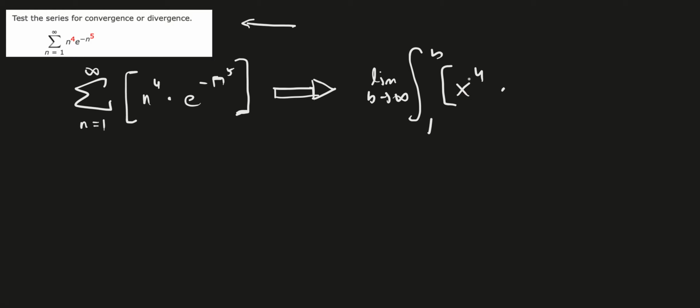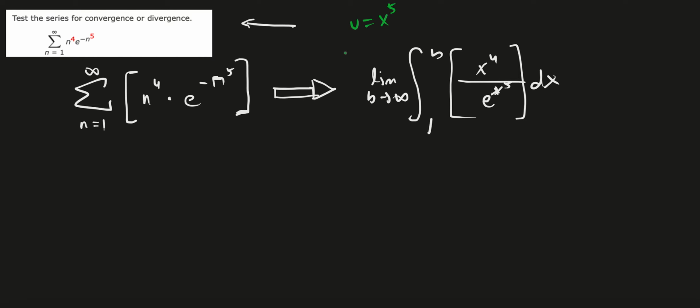Instead of writing it like that, I'll write it like this, and then dx. I'll set my u equal to x to the fifth power and du to 5x to the fourth power dx. So this is what we will end up with. I'll do this a little quicker than last time.